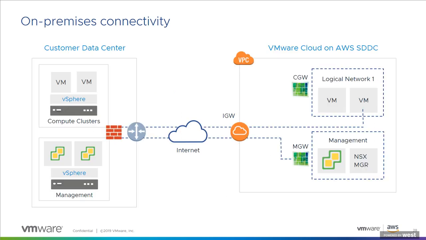So with on-premises connectivity, you have two gateways. We've talked about the compute gateway and the management gateway. The networks behind these gateways are overlay networks, so these networks are provided by NSX, and they're not part of the VPC CIDR ranges or the VPC blocks that are allocated.